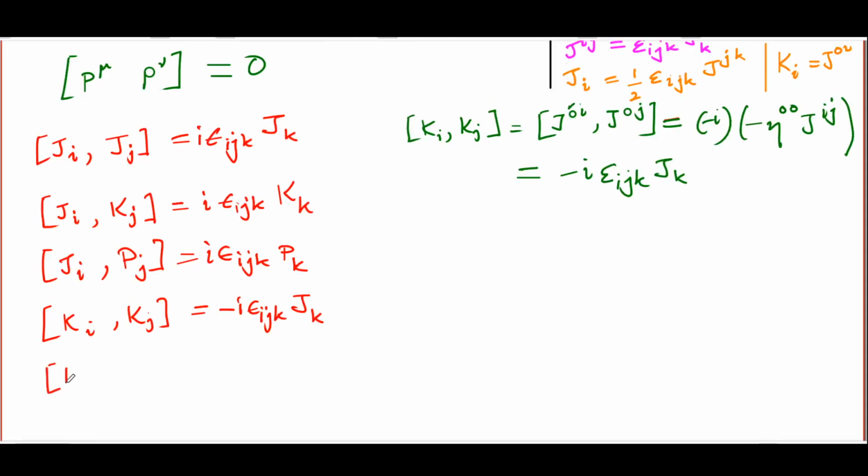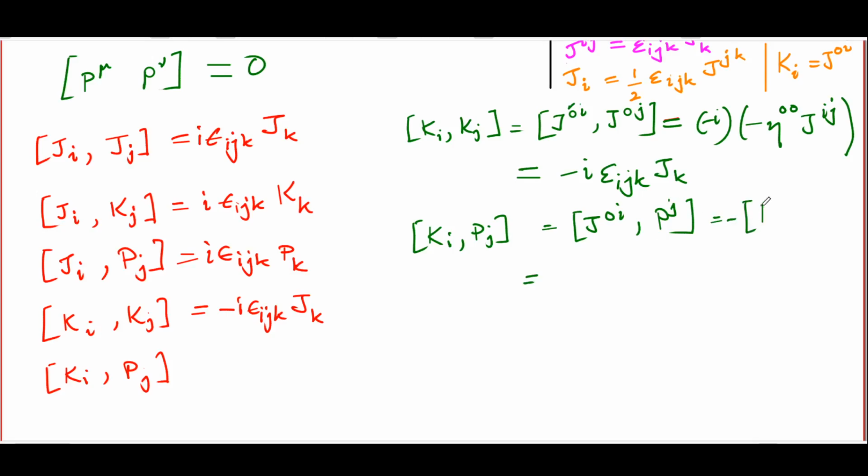What about K_i with P_j? Now let's try working that out again here. K_i with P_j would be J^{0i} with P^j. So that will be actually minus P_j with J^{0i}.